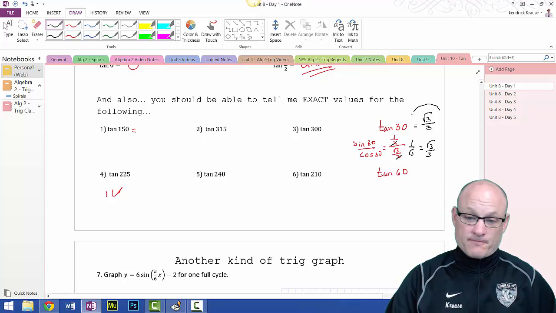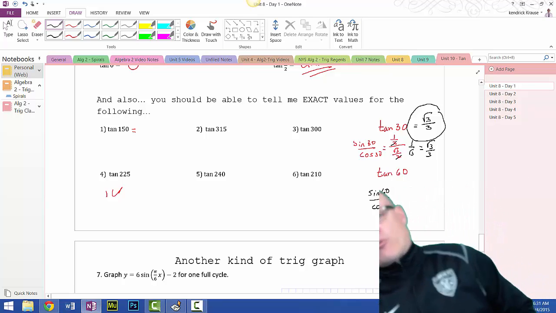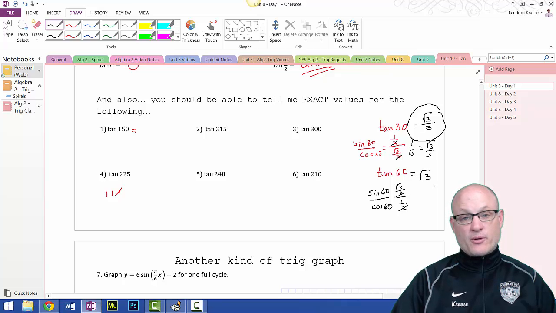That's this one. And then tangent of 60 is the sine of 60 over the cosine of 60. Now this one's easy to remember, so if you'd rather remember this one, remember this one. This is when sine is equal to square root of 3 over 2, and cosine is 1/2. Well, again, the 1/2's cancel, and I end up with the square root of 3 over 1, or just the square root of 3.